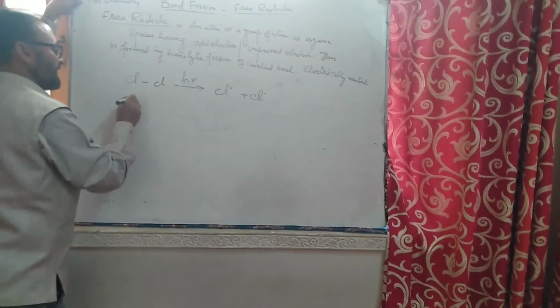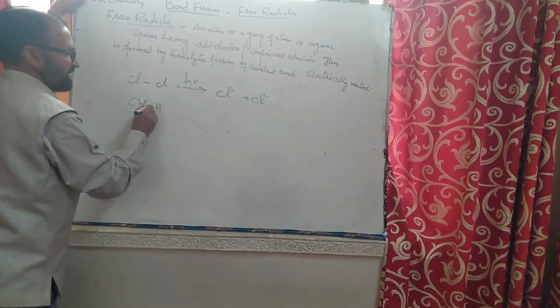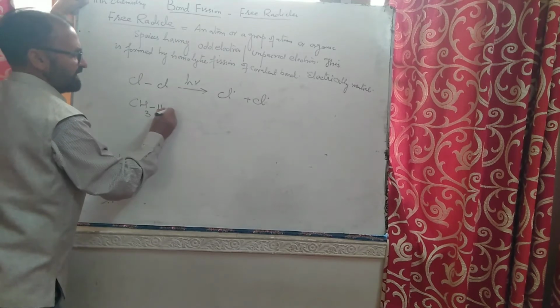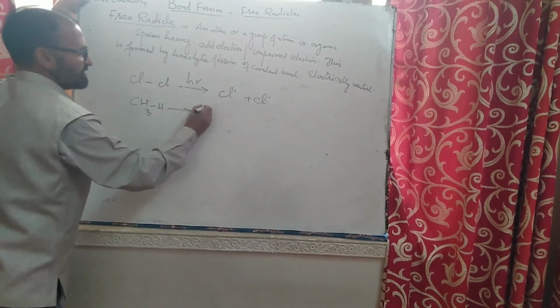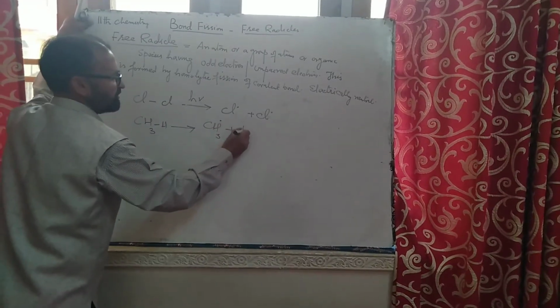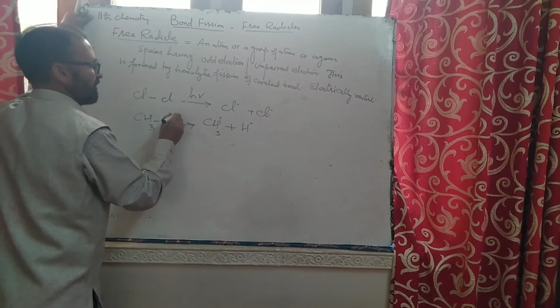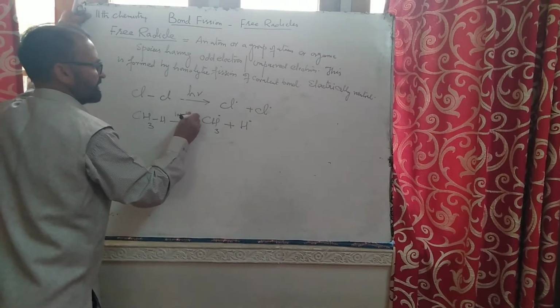Again, if we take CH3-H, methane, when fission takes place, it gives methyl free radical plus hydrogen having an odd electron, that's a free radical. Here 102 kilocalories of energy are used.